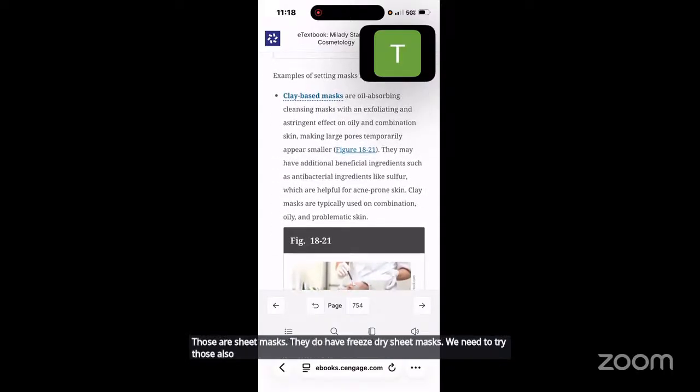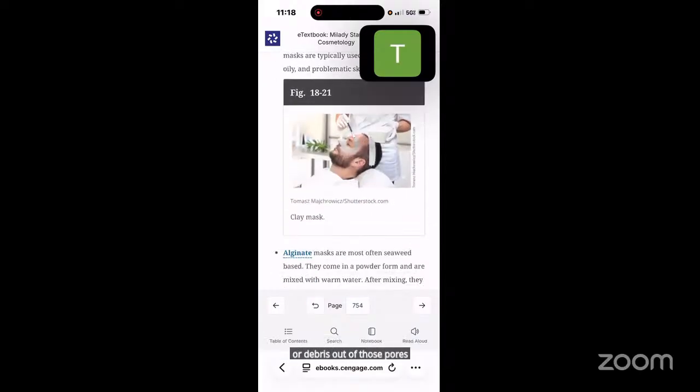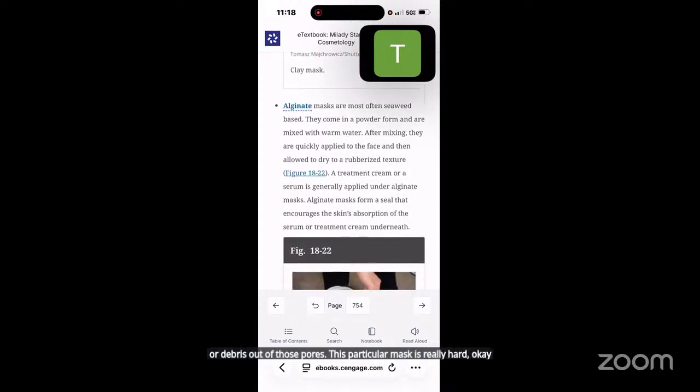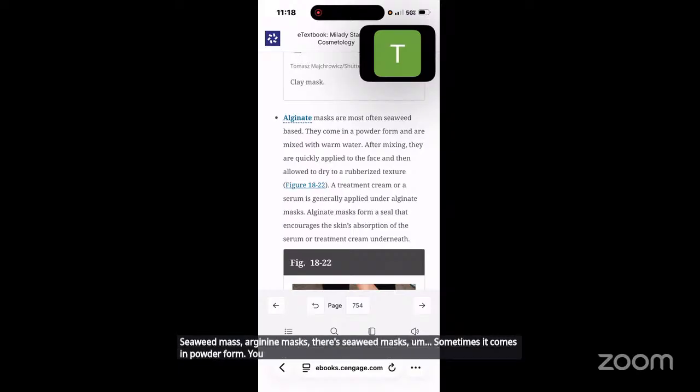Clay based masks will help minimize large pores and also soak up all the dirt or debris out of those pores. This particular mask is really hard. Seaweed mask, alginate mask. There's seaweed mask. Sometimes it comes in powder form, and you mix it with water.